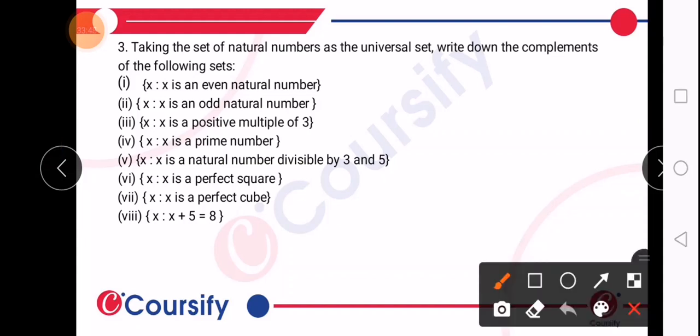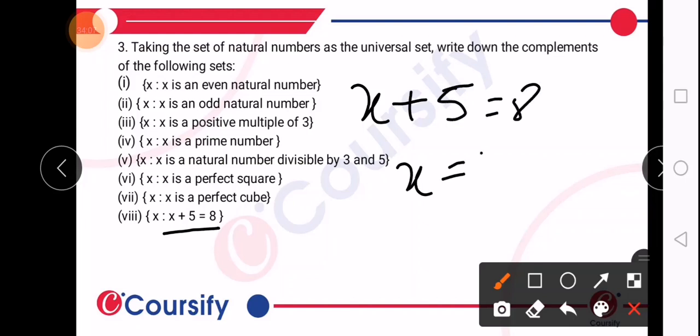Now, here we have a linear equation. Here it's given x will take any value that will satisfy the linear equation x plus 5 is equal to 8. In other terms, we can say x is none other than 3. Now we are saying that the given set is a set in which x is 3.